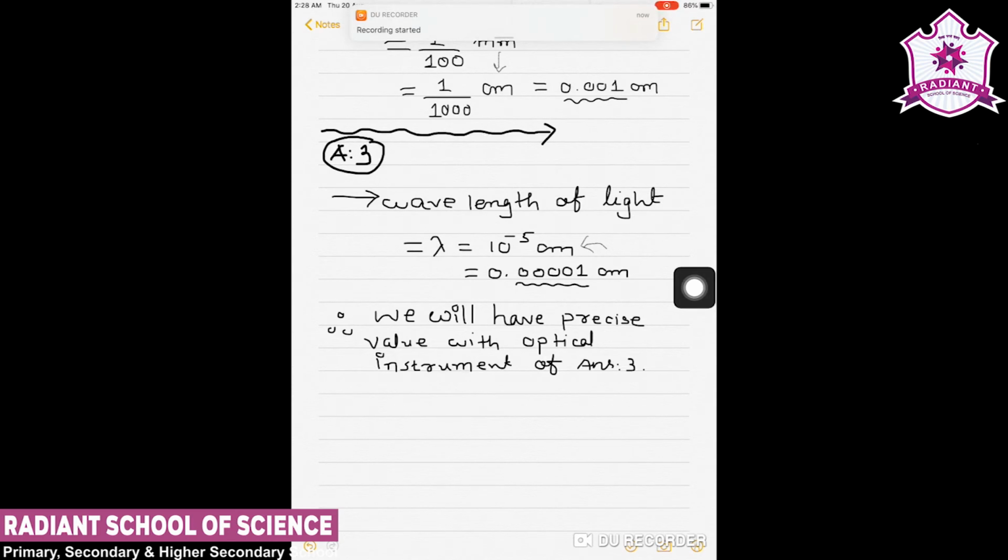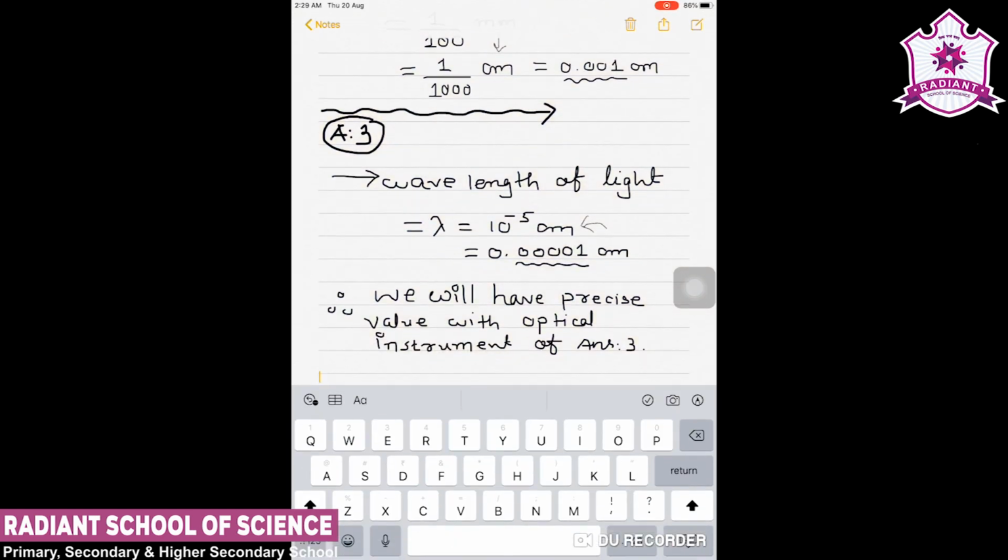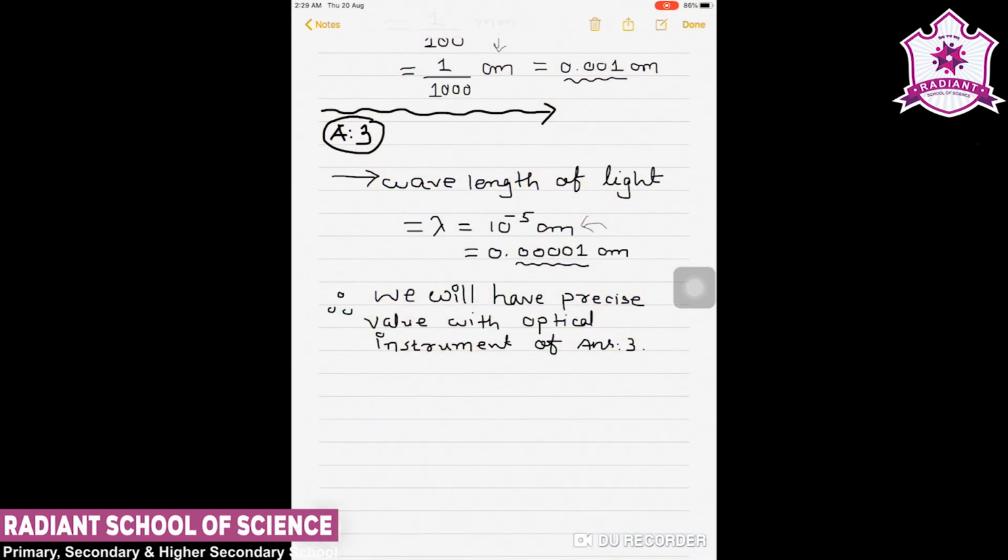Now we will calculate another question. Let us see which question we are going to solve. Here we will go with the next question, question number 7, and we will see what is given in it over here. But before going to that question, we should understand how to get the magnification.